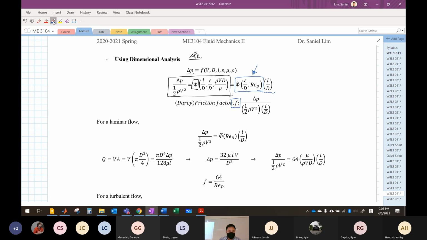It's the same process as not including the surface roughness initially in the dimensional analysis. Then take it out, and you will have the dimensionless group here. Then we can simply take this out, and this term is now a function of Reynolds number.